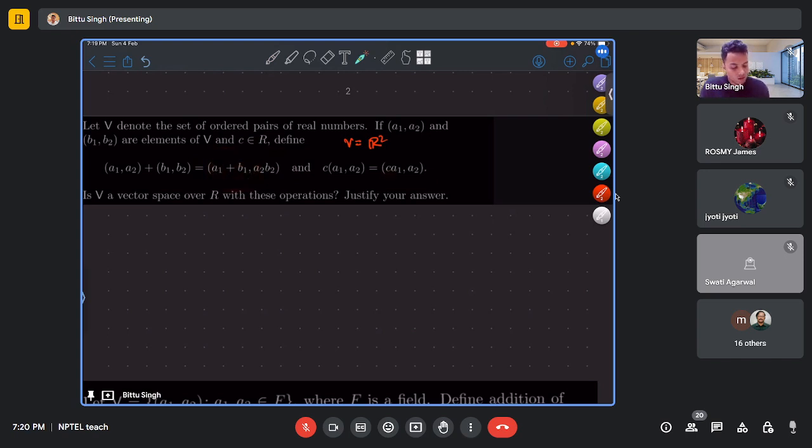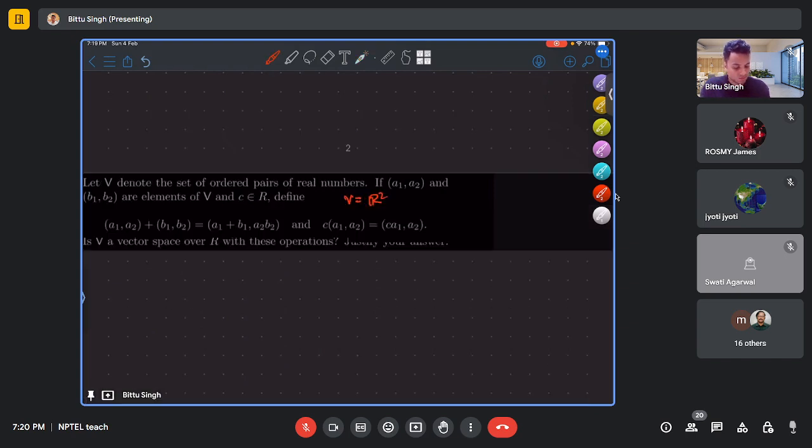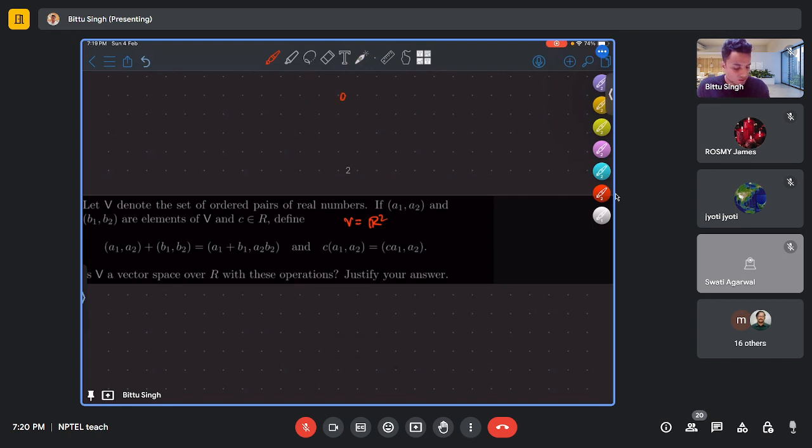R2 forms a vector space if the addition is like this: A1, A2 plus A1 dash, A2 dash is same as A1 plus A1 dash, A2 plus A2 dash, that is we are adding pointwise.